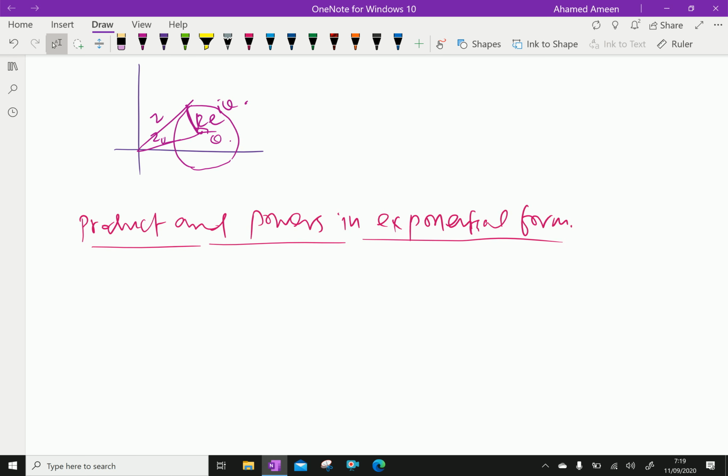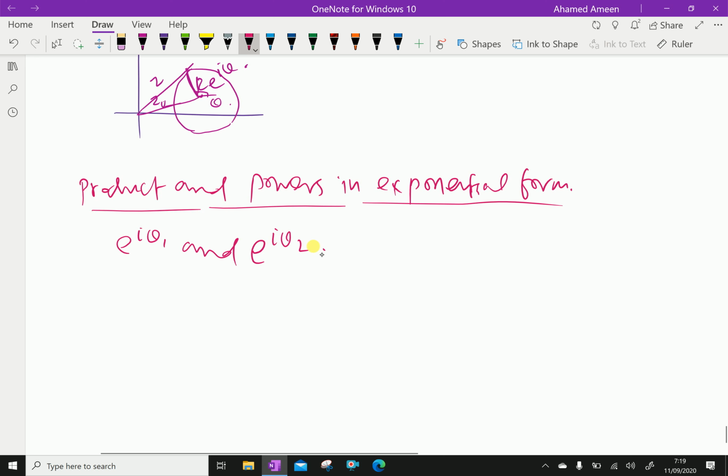Consider first e power i theta 1 and e power i theta 2.